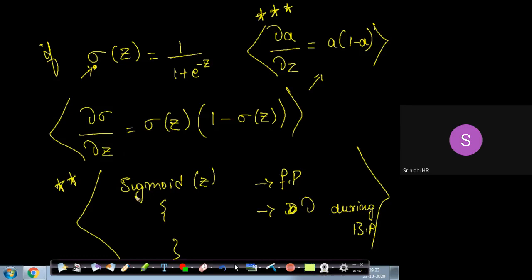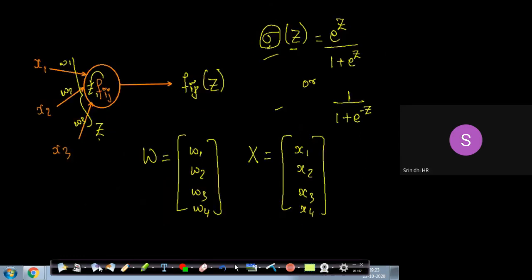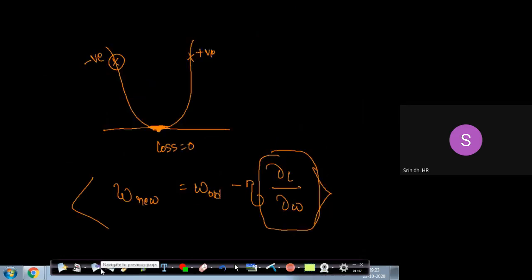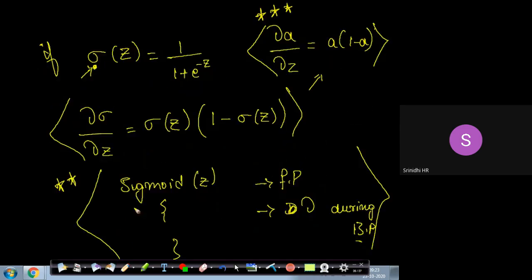We use the sigmoid function during forward propagation and also for finding the derivative during back propagation. If I want to find the derivative of anything, we'll be using the chain rule. So to find this particular derivative, the internal function which is being applied is my sigmoid function.